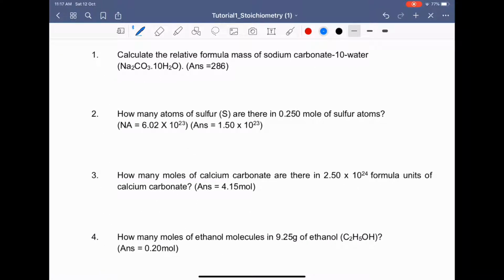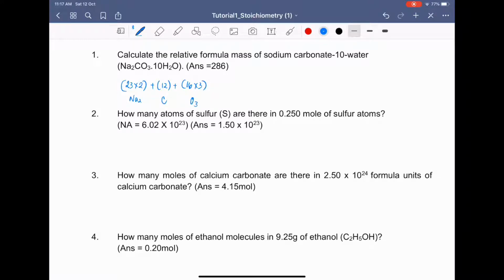Question 1. Calculate the relative formula mass of sodium carbonate with 10 water of hydration. To start with, 23 times 2, for sodium, plus 12 for carbon, plus 16 times 3 for oxygen.